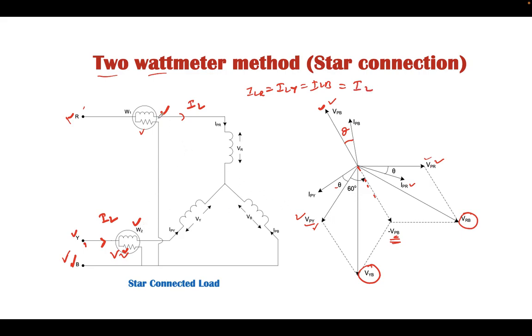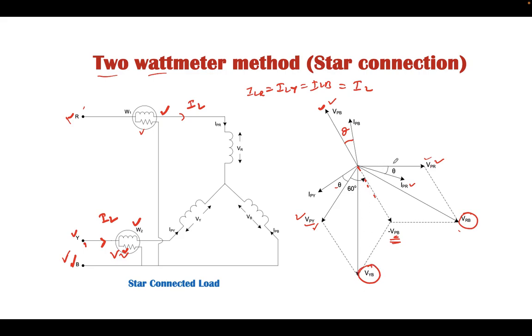And the potentials of these two coils have already been considered using this phasor diagram. Then we can say the power measured by this wattmeter depends upon the current in this phase, whereas the potential is measured as VRB, and for the other wattmeter it is VYB.